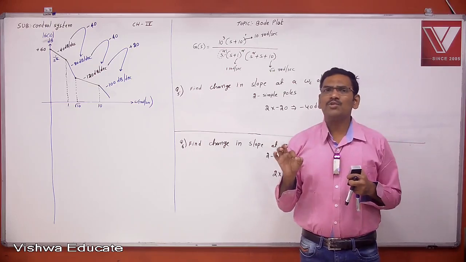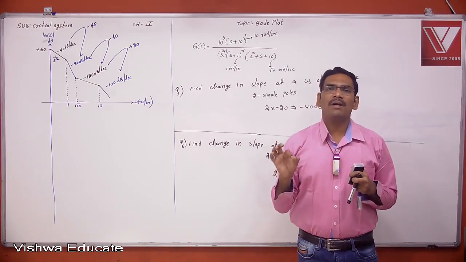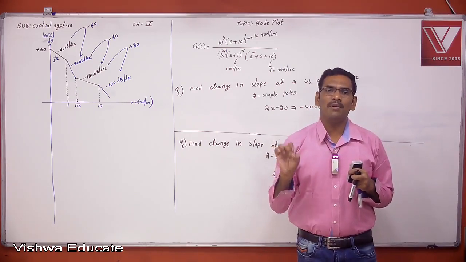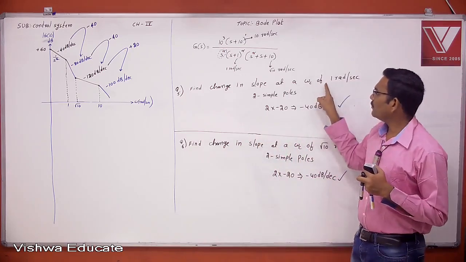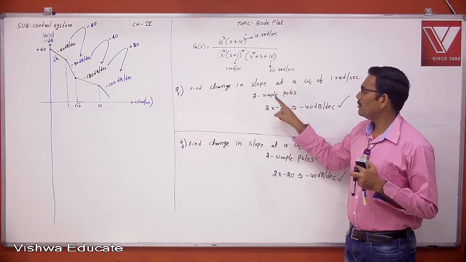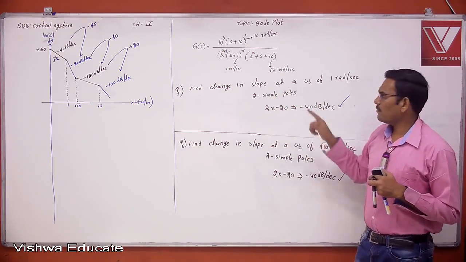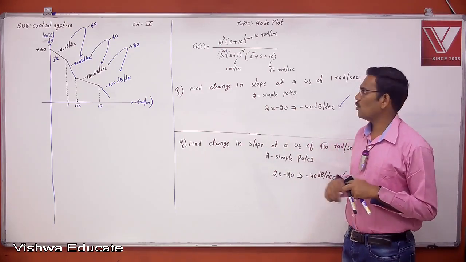The change in slope at any particular corner frequency is nothing but slope of number of simple zeros or slope of number of simple poles at that particular corner frequency. Go to that particular corner frequency and find the slope of number of simple zeros or simple poles, which will give the change in slope. Okay, note down this.